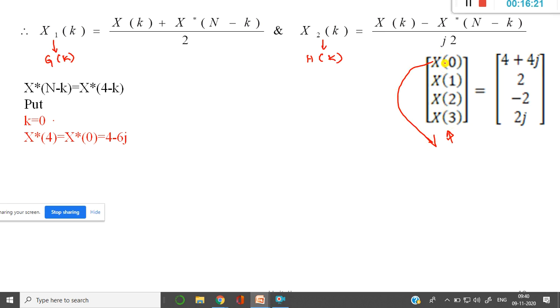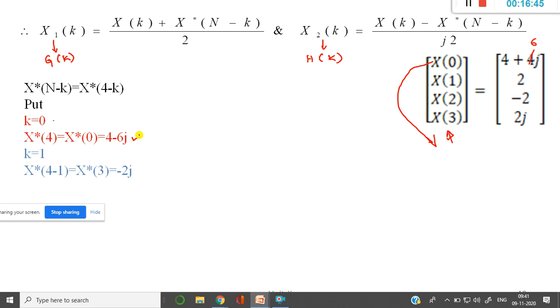So I need to conjugate my X of 0 value. X of 0 is 4 plus 6j, therefore the answer is 4 minus 6j for X conjugate of 4, first value, when k equal to 0.